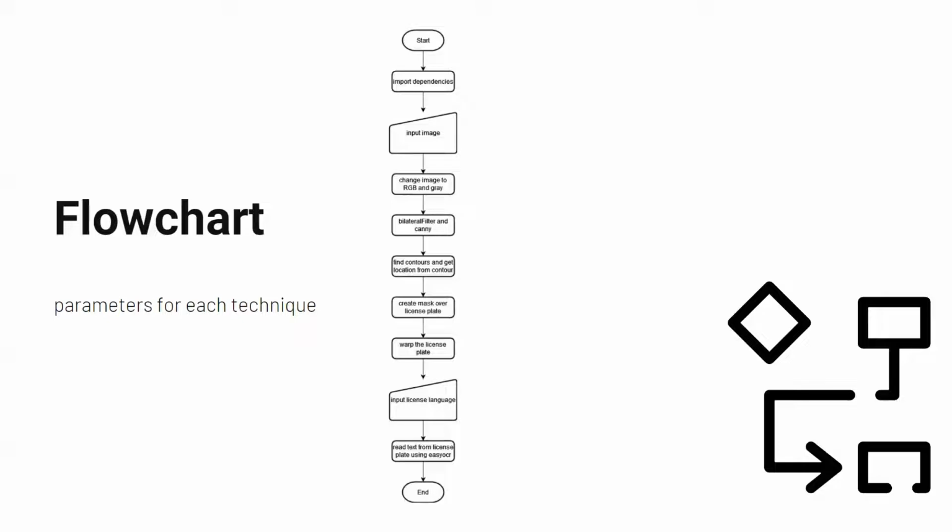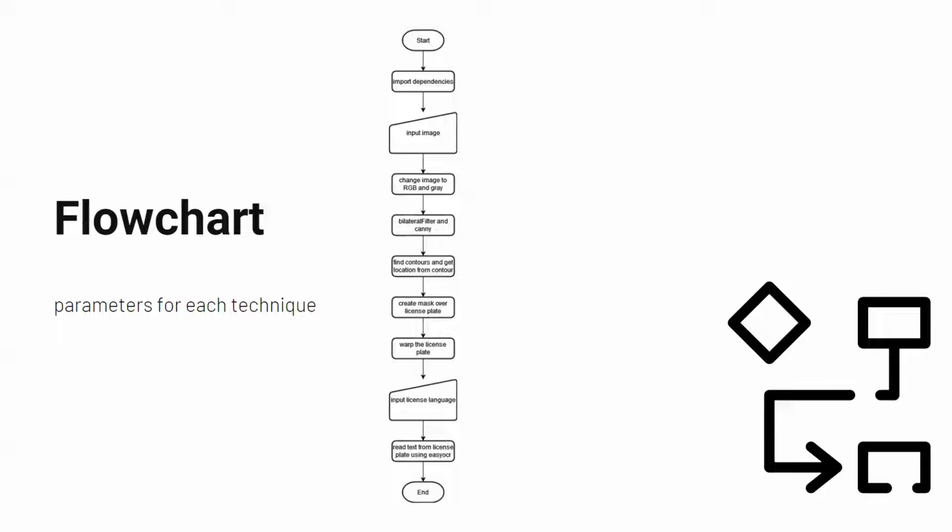This is the flowchart, and it is only an overview of what we did in this project, which will be further explained in the coding section. But at first, I will explain a little bit about the flowchart. From the start, we import the dependencies, and then we input the image. Then we change the image to RGB, or red, green, blue, and gray.